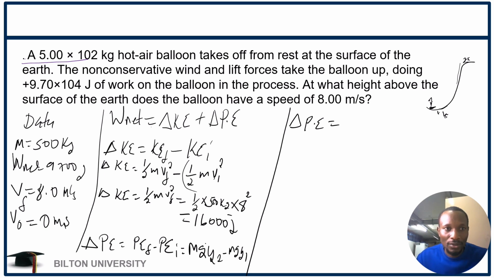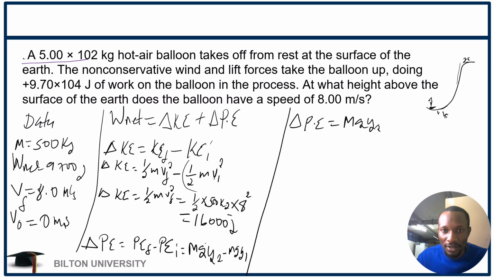Yes, the height there is equal to 0, and therefore our mgh, the change in potential energy, is going to be the mass of the object times gravity times the height y2, which is the height that we are looking for.